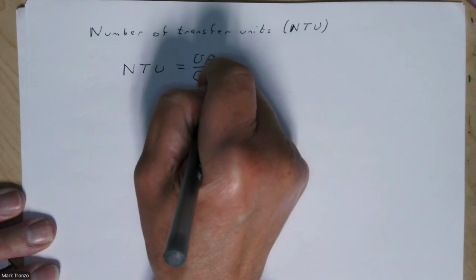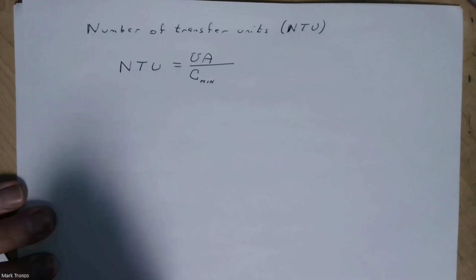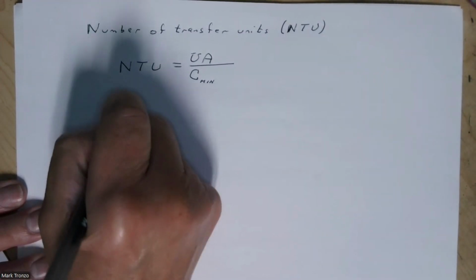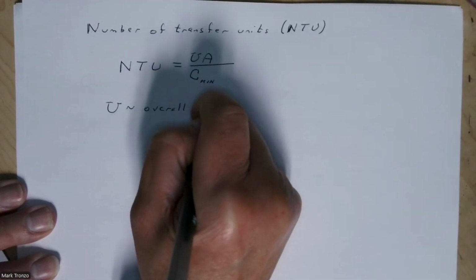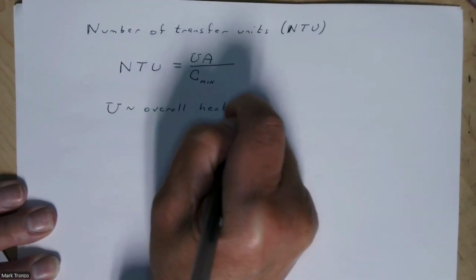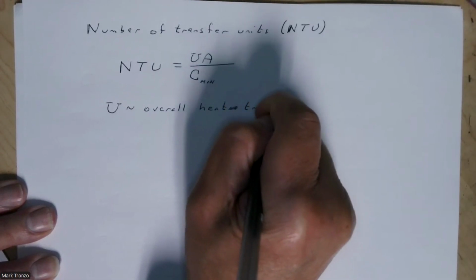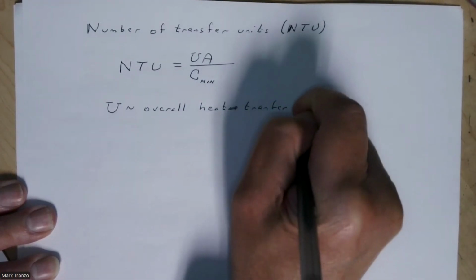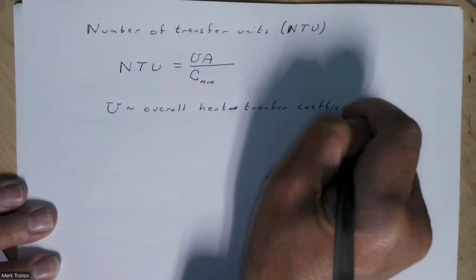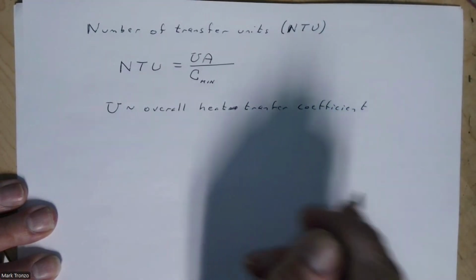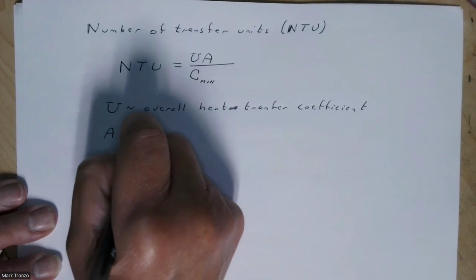We talked about C min a few seconds ago. Again, U is the overall heat transfer coefficient, and A would be the tube surface area.